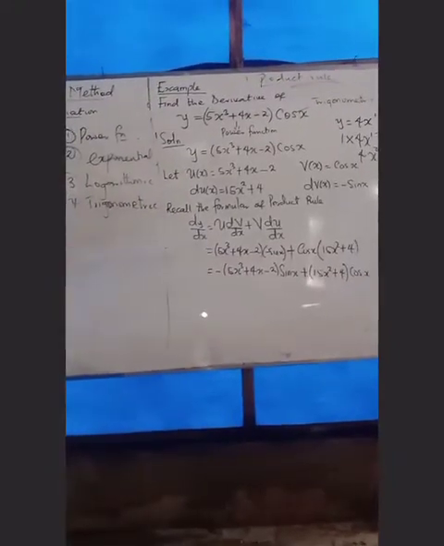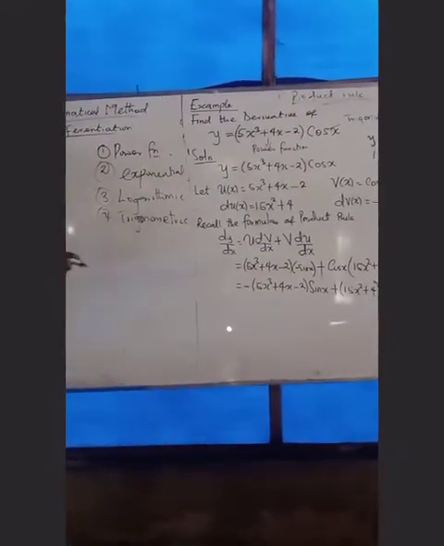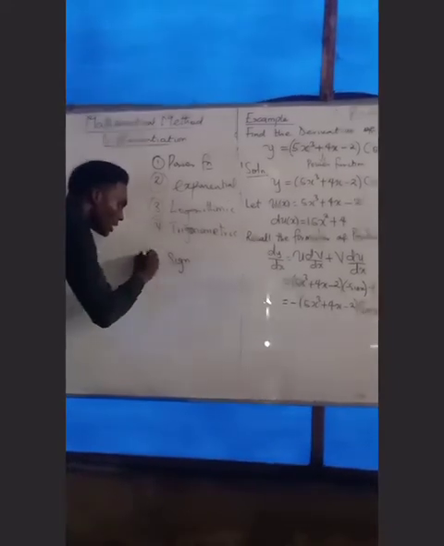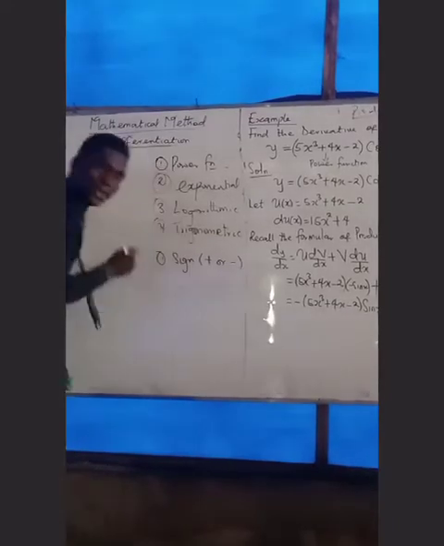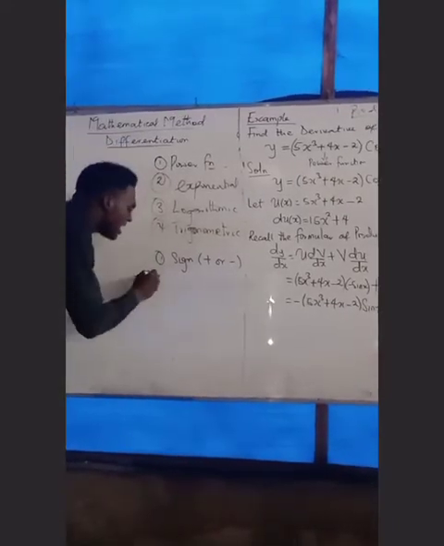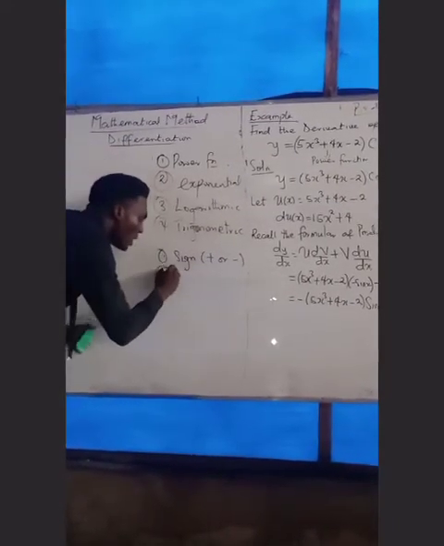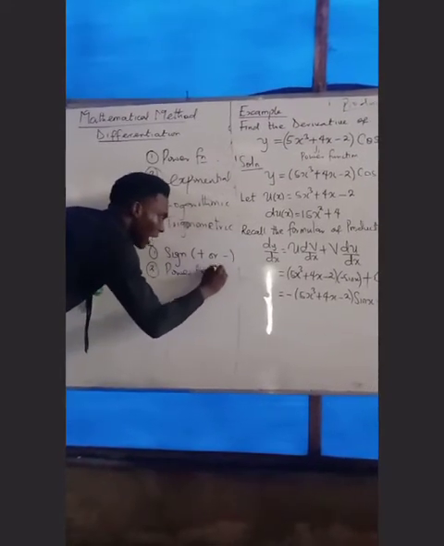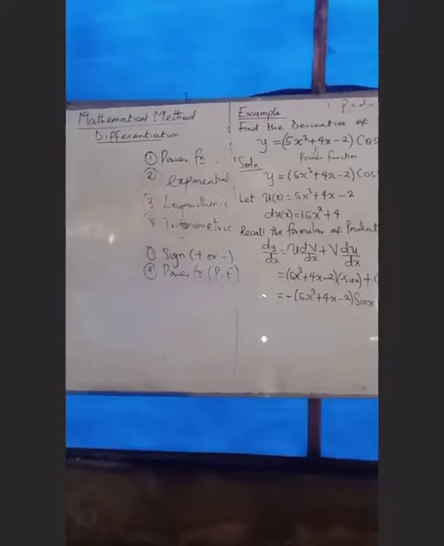So the arrangement is, take note of this, your sign comes first. That's the first arrangement, which is either a positive or a negative. Then apart from the sign, the next thing that follows must be a power function, which I want to write as PF. Please take note.